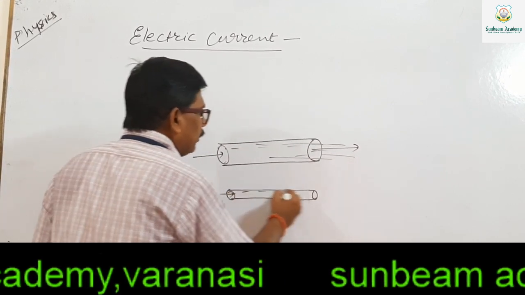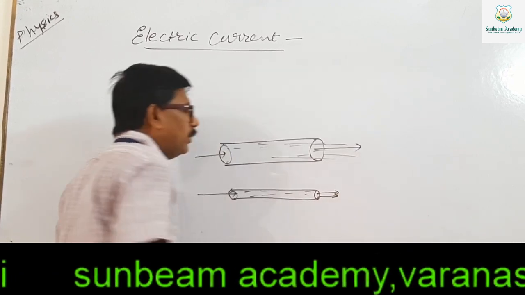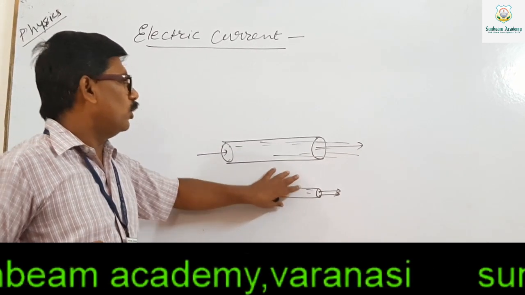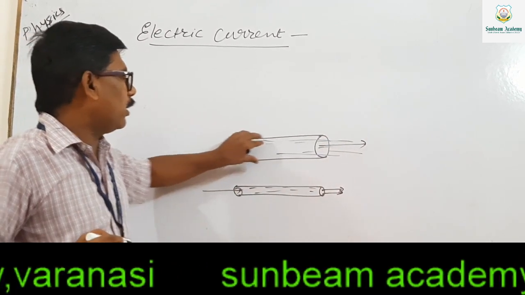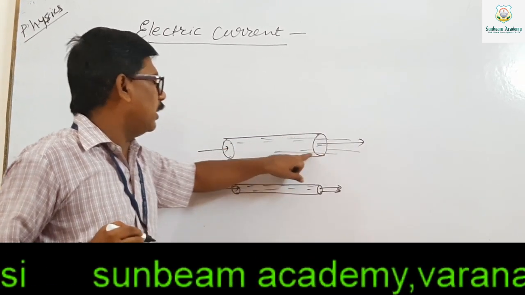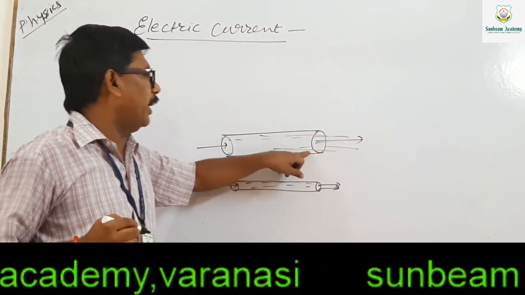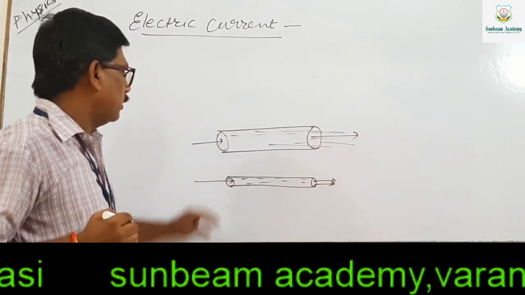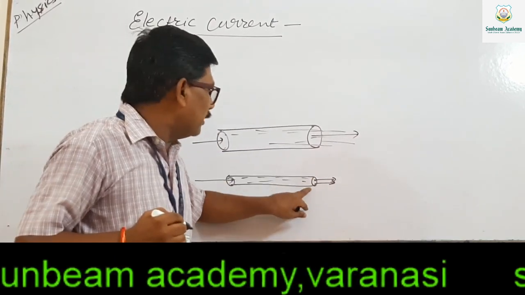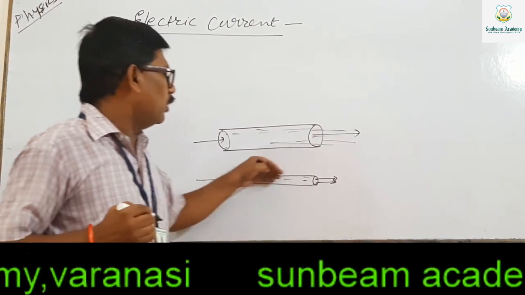Where the diameter is less, a small amount of water will flow. So if a large amount of water is flowing across the sectional area of the pipe, then you can say that a large water current is flowing through it. Here the diameter is less, so less water is flowing, and you can say that there is a low water current.